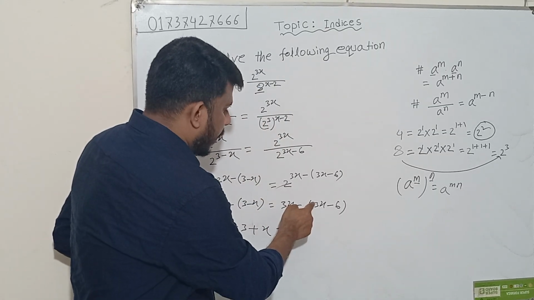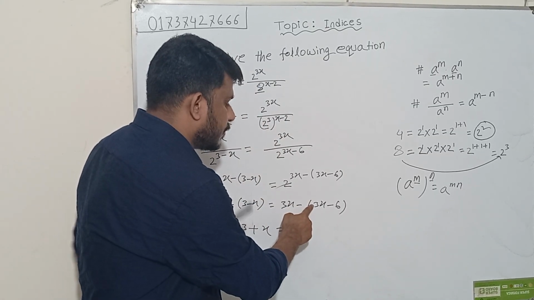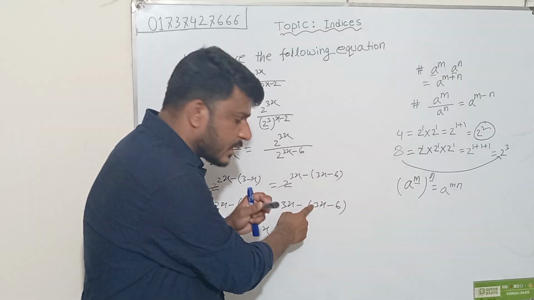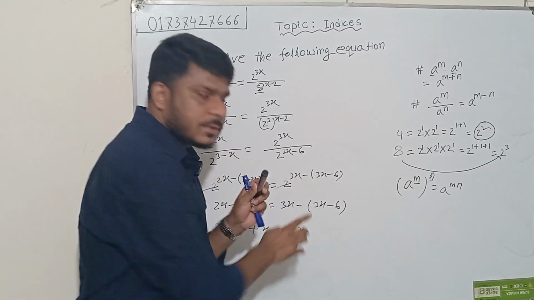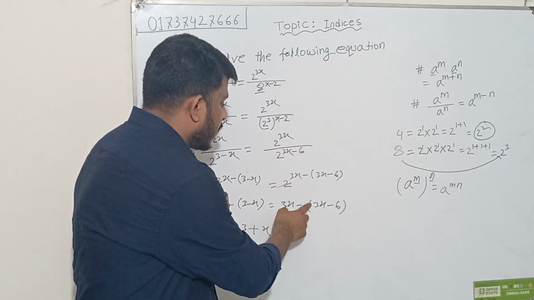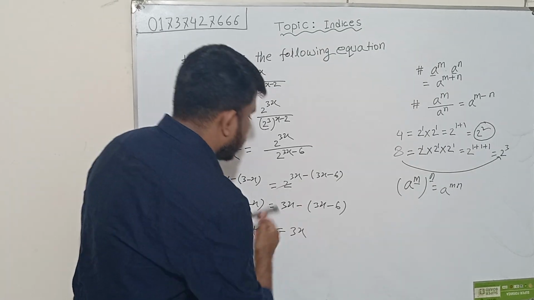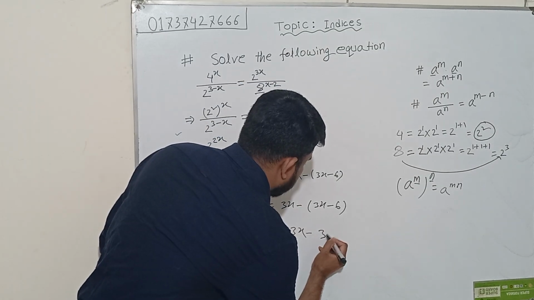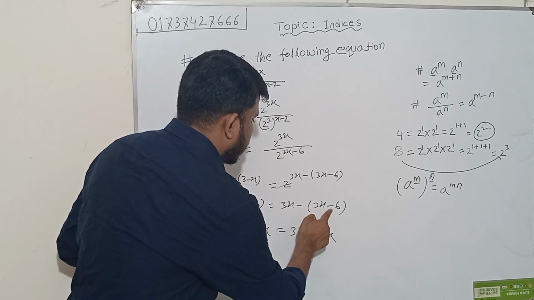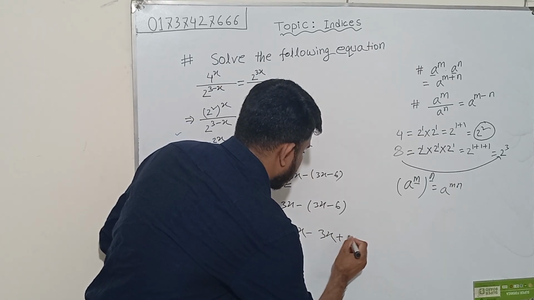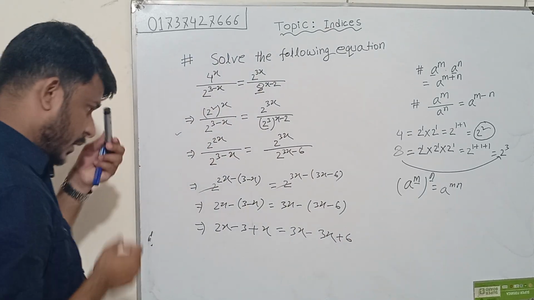And minus multiplied with this plus, there is nothing, meaning plus. If it were minus, then this minus and this minus would be plus. Since there is nothing, we multiply minus and plus, which is minus 3x. And minus, plus 6.